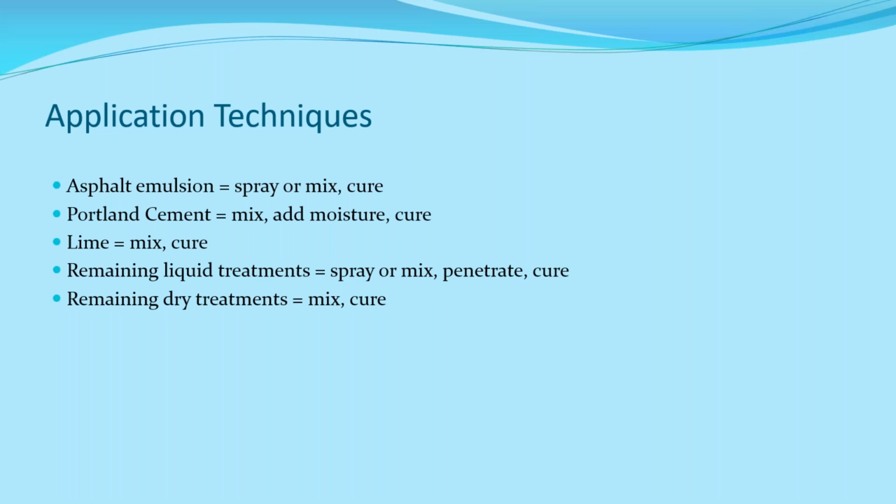Portland cement is always mixed, and you have to add moisture to it. Then you meter out the cement, and you add the moisture by a slurry. You've got to mix it into the material. And generally speaking, if you get over about 8% by weight of cement, it will crack just like concrete.